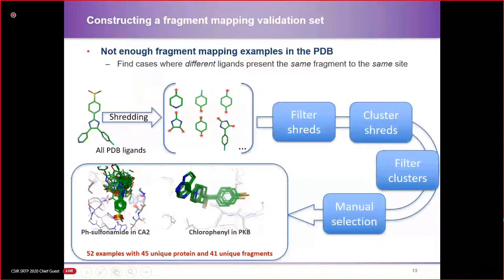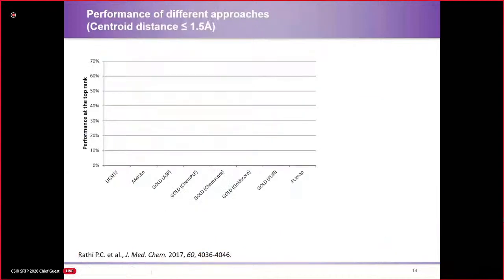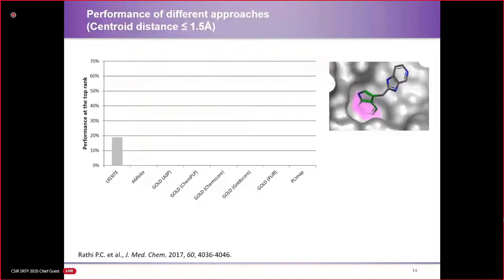So we constructed a set of 52 unique protein-fragment complexes from the PDB, and then evaluated our program against many different scoring functions that are out there in the market and many other techniques. Here is the baseline technique, called LigSite.